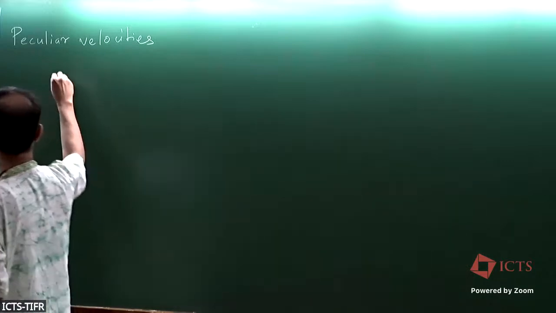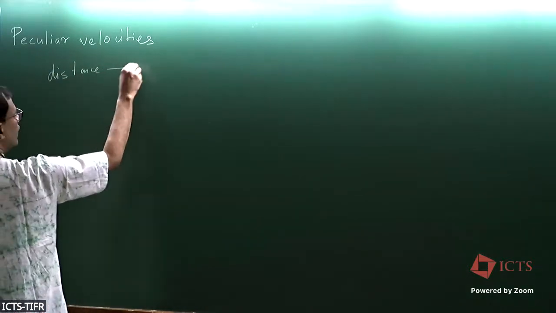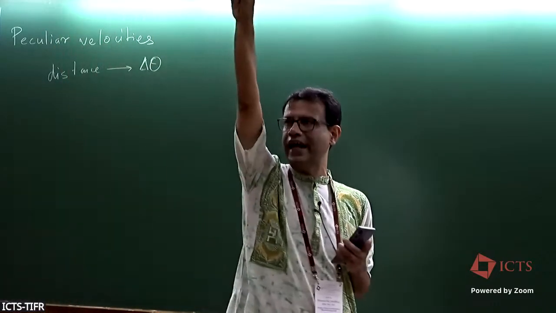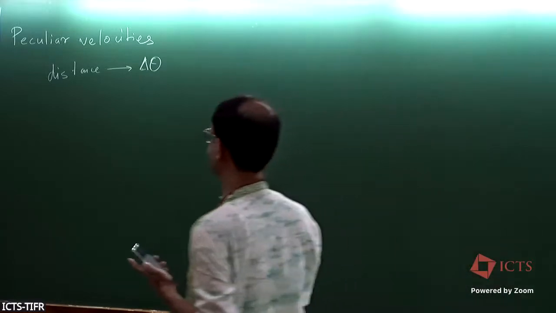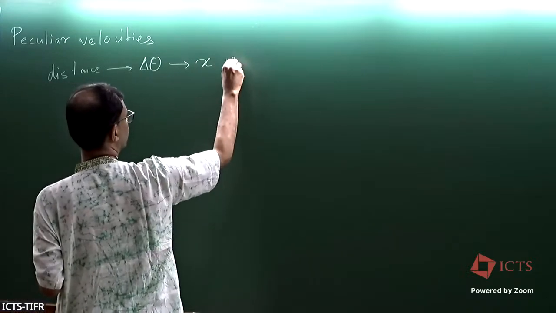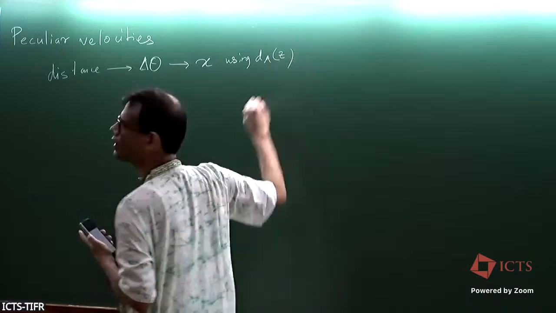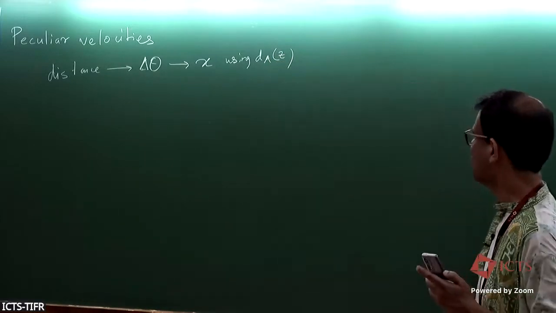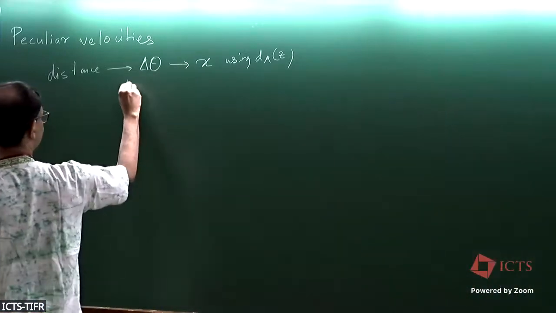To do that, you will measure the angular separation between them, and then convert it into a distance using, for example, angular diameter distance at that redshift. These distance measures, I'm sure all of you have done. This is transverse.